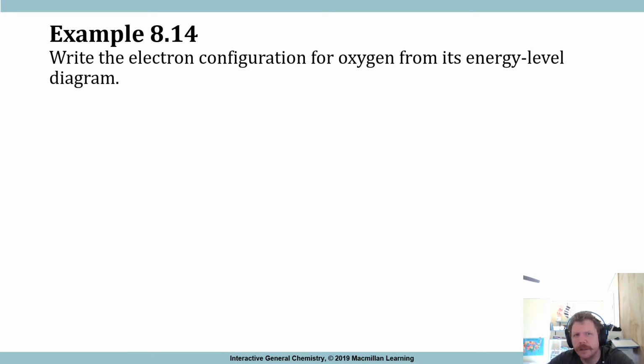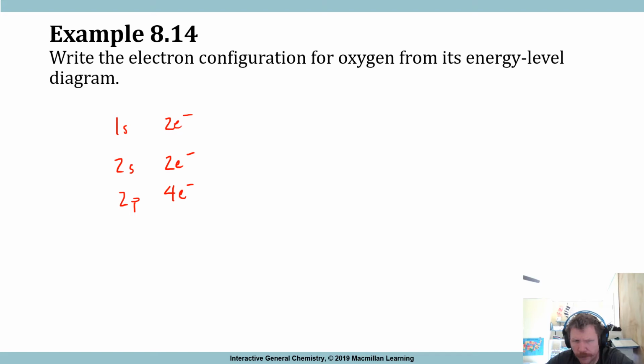Okay, so then let's write the electron configuration for oxygen from its energy level diagram. Oxygen has 1s, and it's got 2 electrons there. It's got the 2s subshell, with 2 electrons there. Oxygen only has a total of 8 electrons, so after the 2s, we go to the 2p, and there are 4 electrons there.